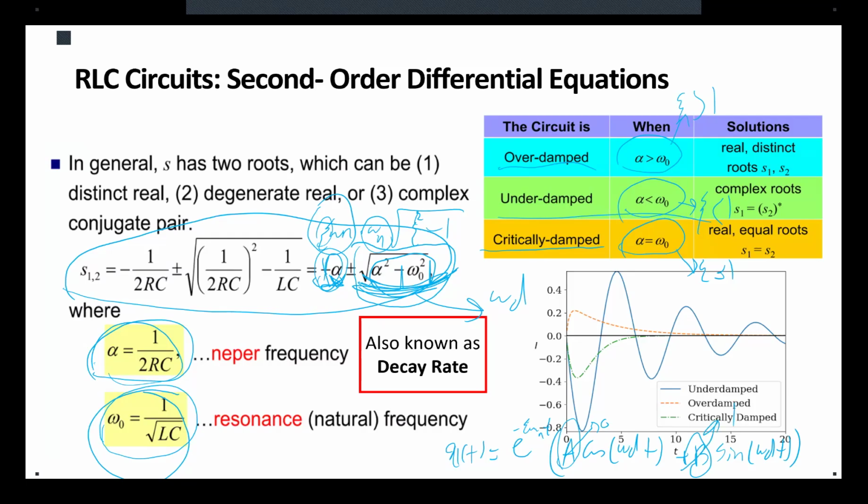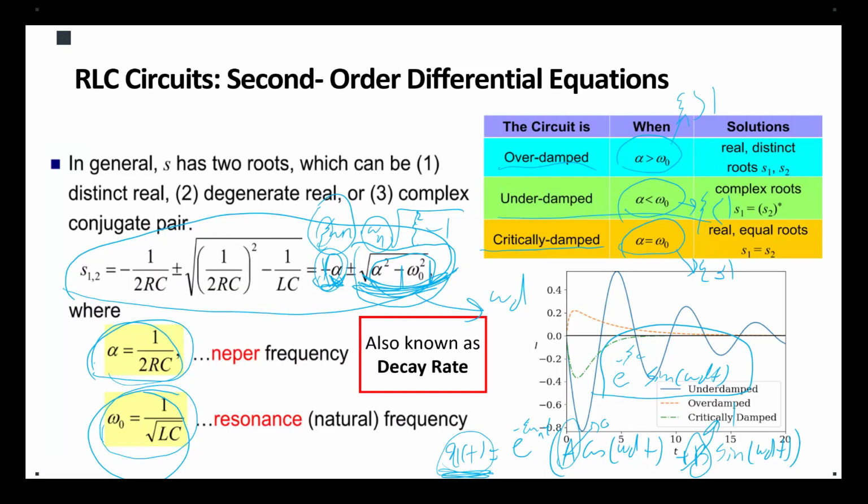So what you're going to end up with is that whatever variable you have in your second order equation, I'm not sure if this is a current or voltage, you have to find it, is going to be e to the power of minus psi omega n t times sine of omega d t. This is going to be your function. Now, the function reaches the peak when the differential of that function is equal to 0.